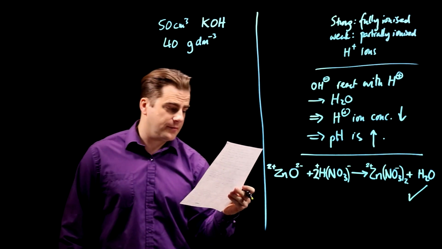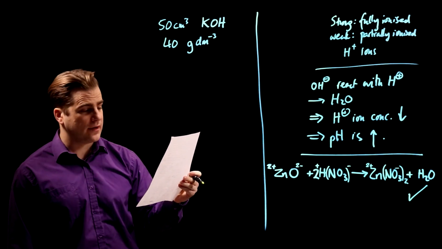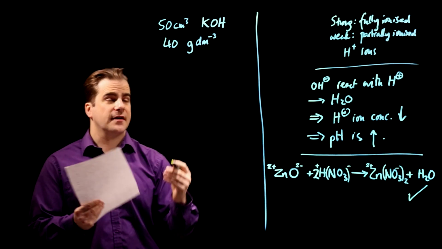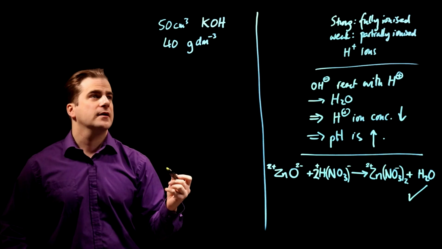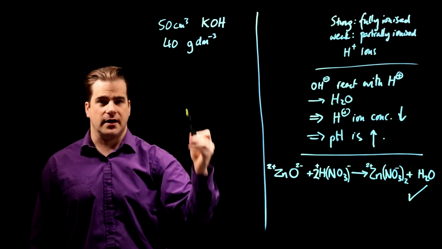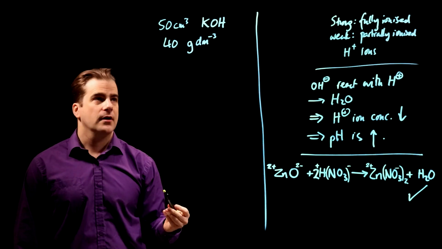Calculate the mass of potassium hydroxide that must be dissolved in water to make 50 cm cubed of solution of this concentration. We just have to find the mass, okay? That's the volume, that's the concentration, what mass of KOH is in that volume.